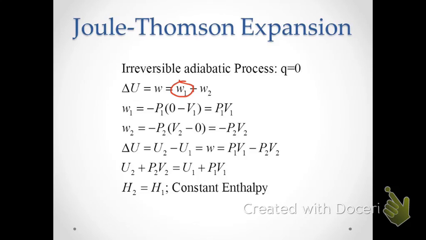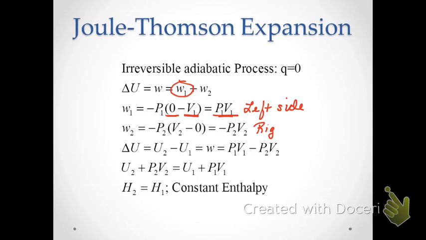Now, in W1, the work is just very simply equal to what's on the left side of that apparatus on the previous slide, and we'll note that the pressure remains constant throughout that push. So we start with an initial volume of V1, but since we're pushing the gas all the way through to 0 volume, the final volume is equal to 0. So the work associated with the process on the left is just P1V1.